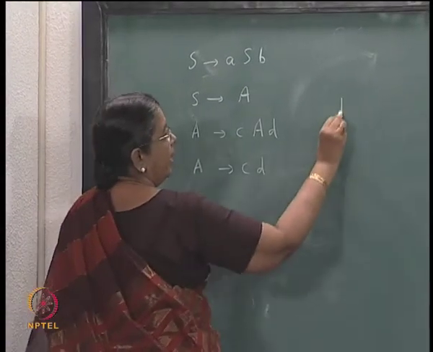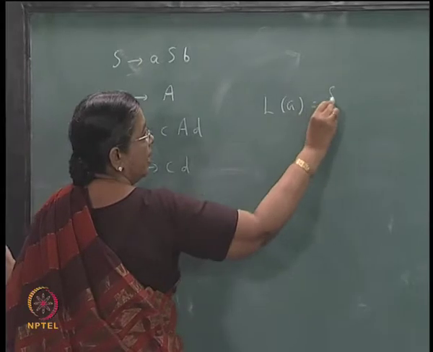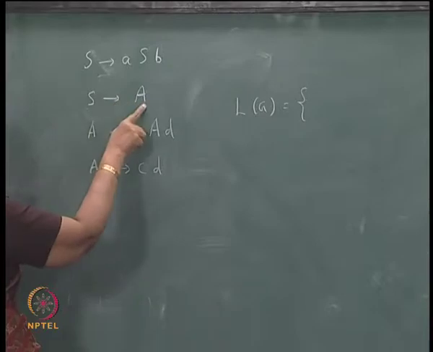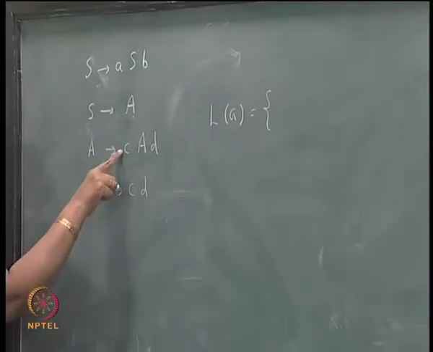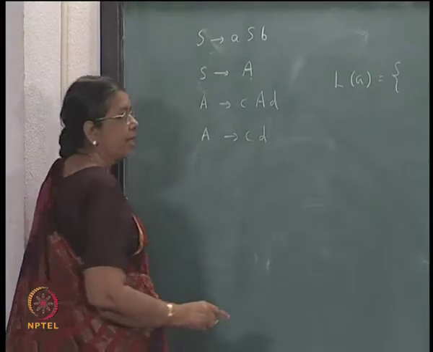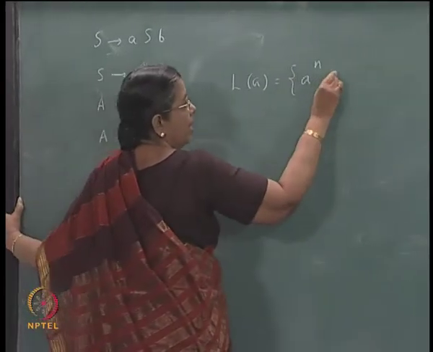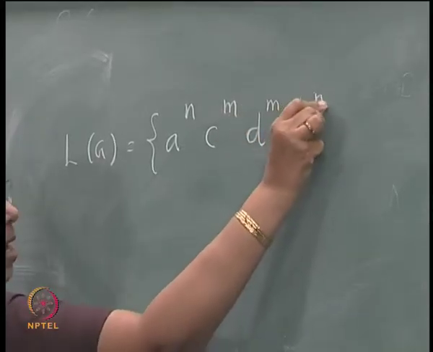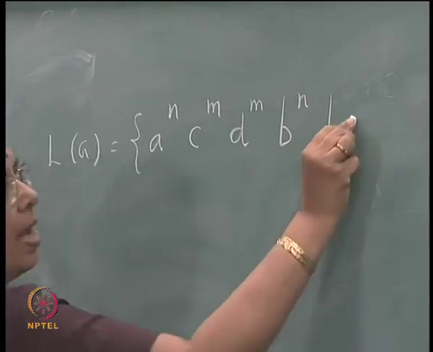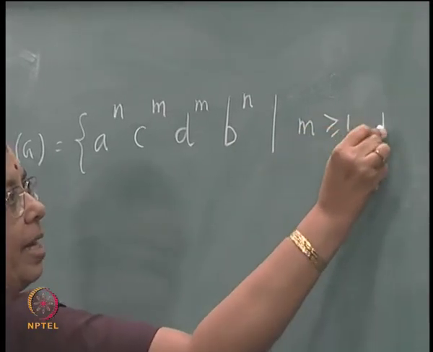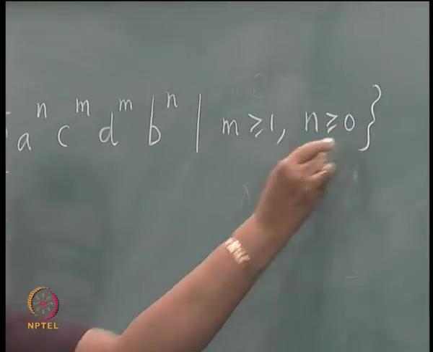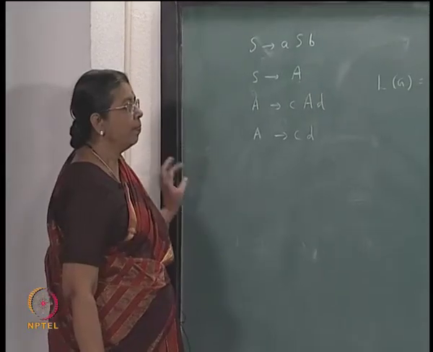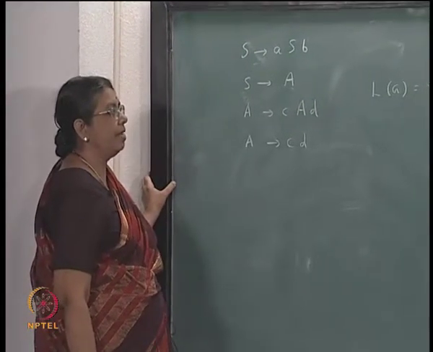First you will use this rule many times, then from S you go to A, then use this to generate equal number of C's and D's. So, it will be A power n, C power m, D power m, B power n, m greater than or equal to 1, but n can be 0 also. This will be the language generated.